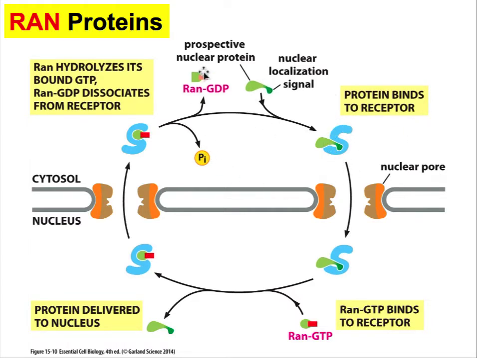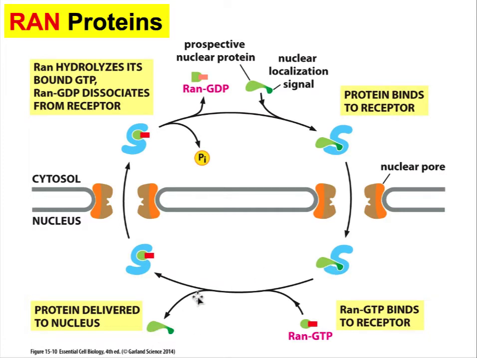So in the first quarter here, the binding of the receptor protein to the respective nuclear protein that needs to be transferred takes place. In the second quarter down here, the binding of RAN GTP, RAN is a protein that's commonly used. So this complex here exchanges positions with the protein being translocated across the nuclear pore.